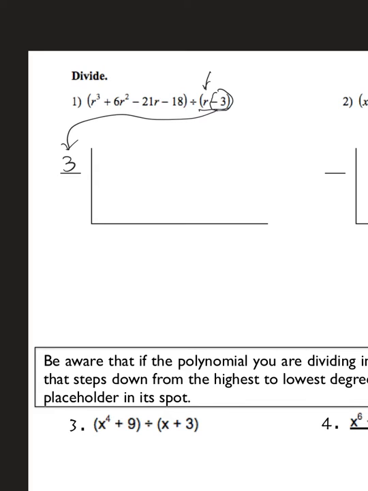The next thing is to look at all of the terms in the polynomial that I am dividing into. I have r cubed as my first term, 6r squared as the second term, -21r as the third term, and our constant term is -18.